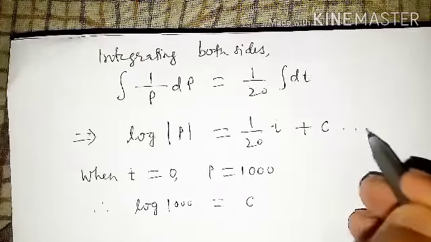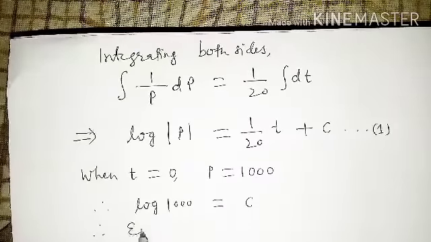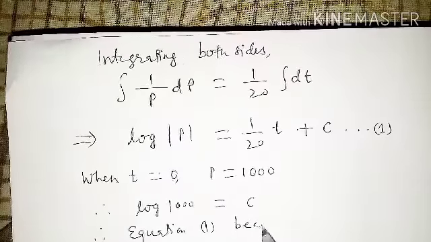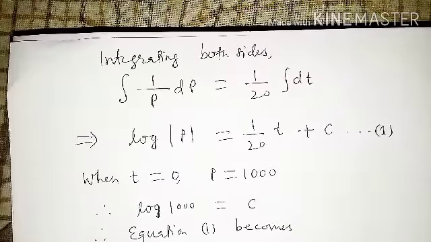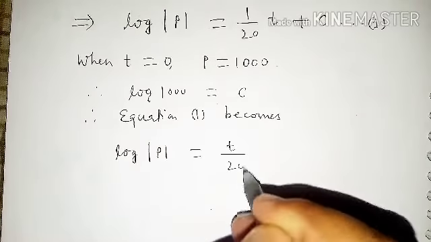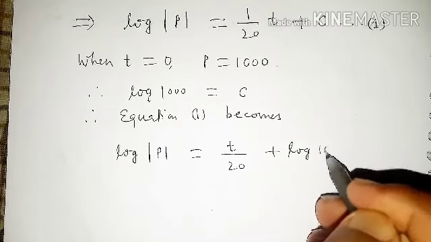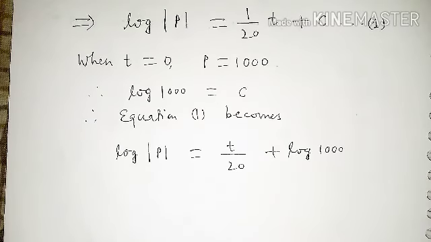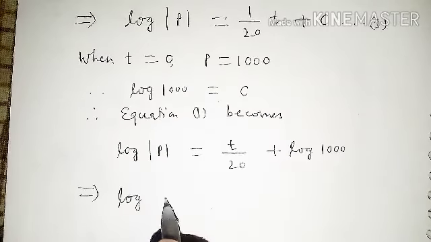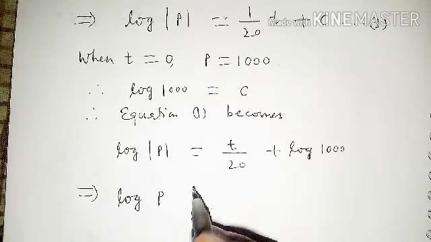Therefore equation 1 becomes log mod P is equal to t by 20 plus log 1000. This implies that log P is always positive.